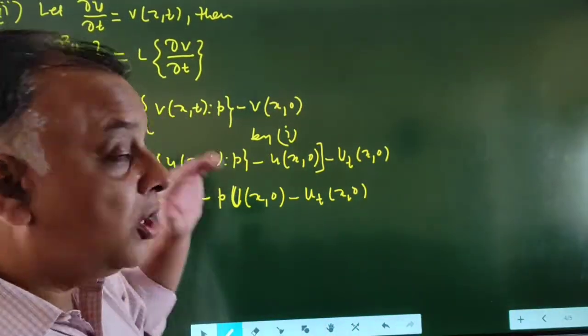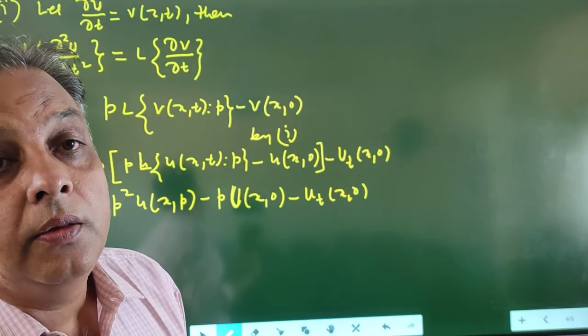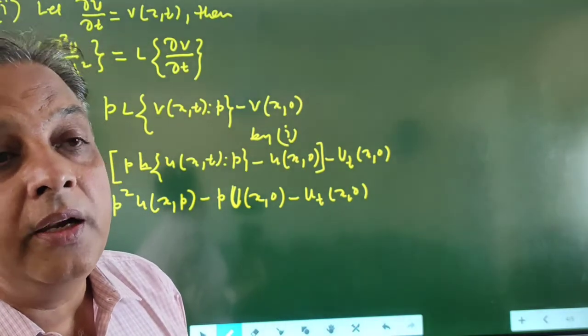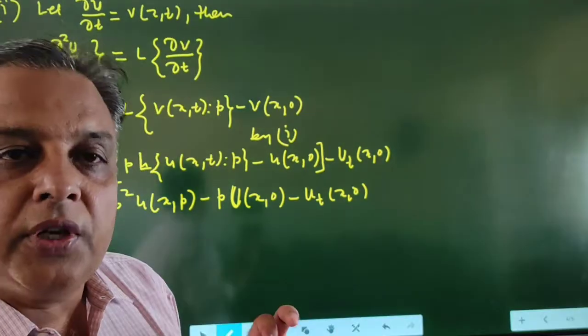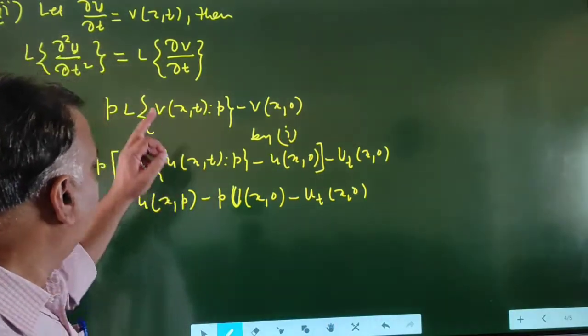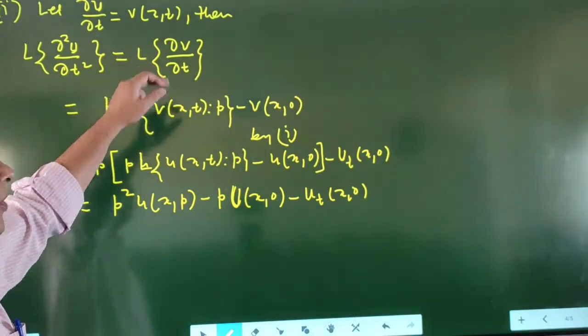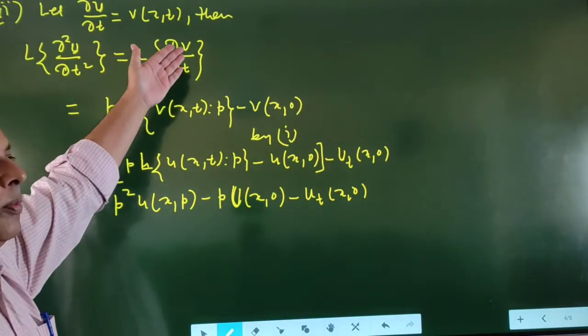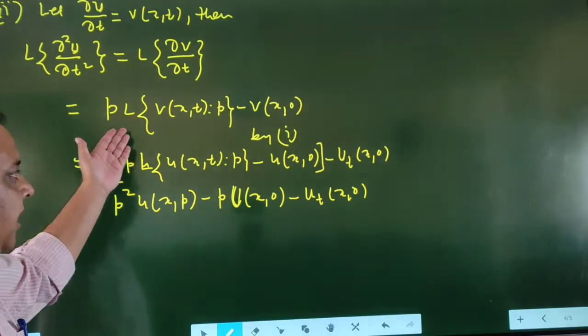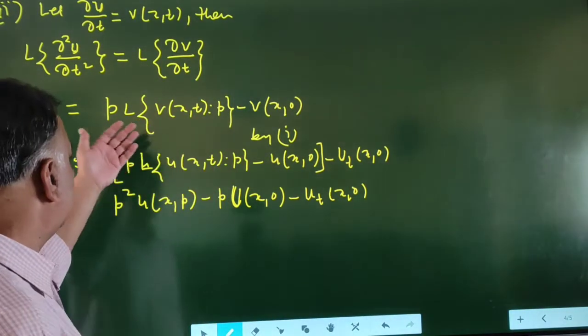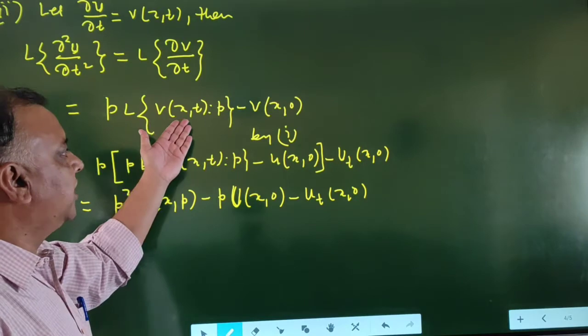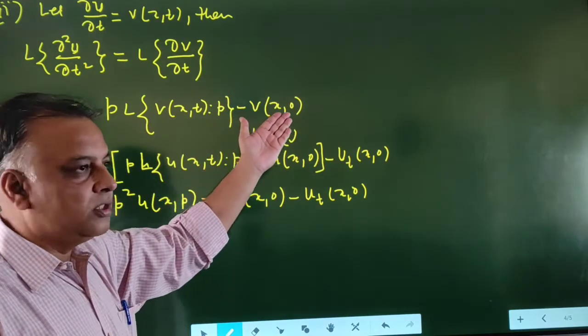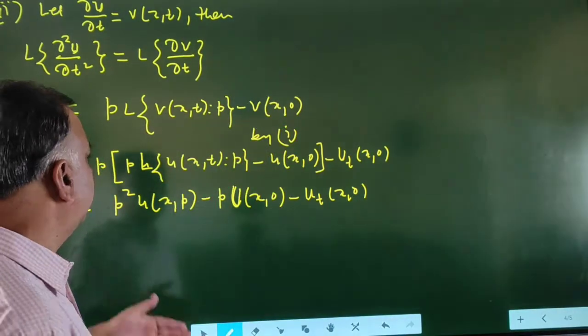By the first result, the Laplace transformation of del v upon del t is written as p times the Laplace transformation of v(x,t) with respect to p minus v(x,0).